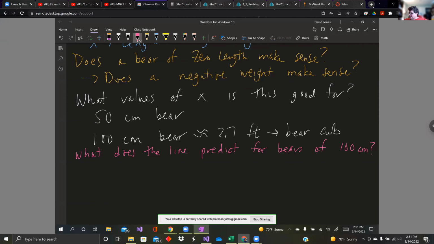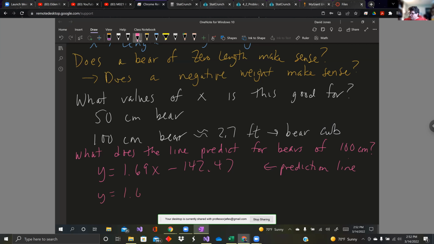So I'm going to put the line down again. It was 1.69x minus 142.47. This line is the prediction line or best fit line. If you want to predict a value, just plug it in.